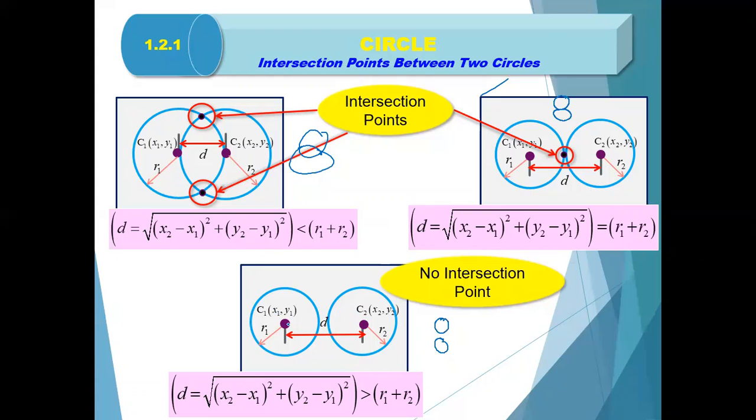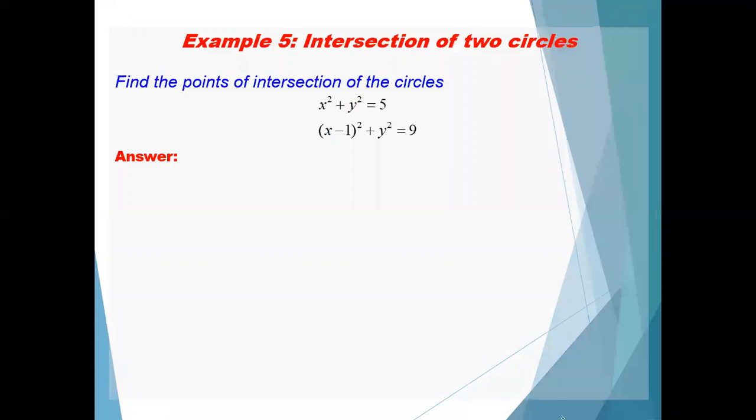So the distance from the center of C1 to the center of C2 is greater than R1 plus R2. Okay, so let's see the example.